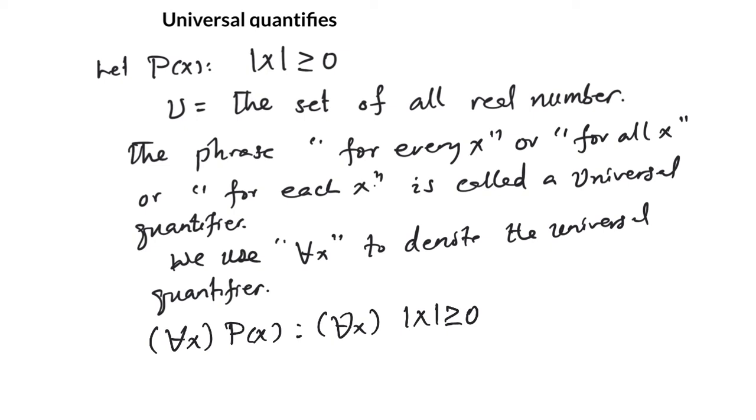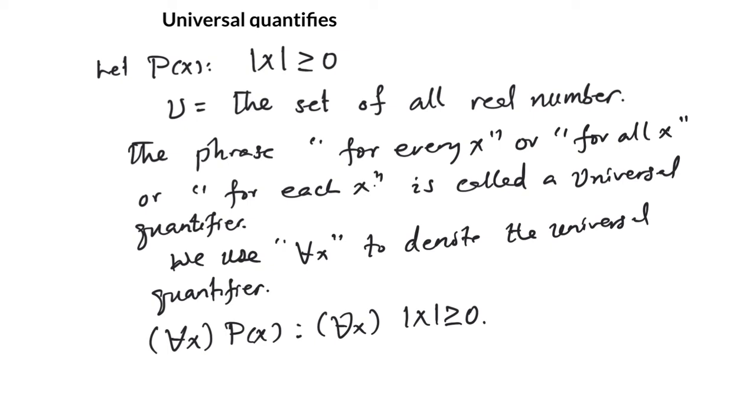So we don't need to tell what type of value we have to choose, because this indicates we are free to choose any x. So for any x, this is true, is described by this symbol.